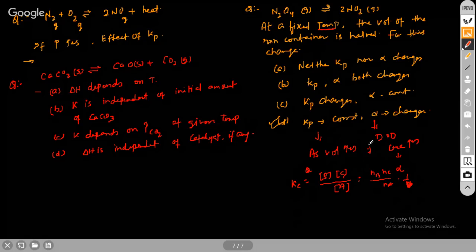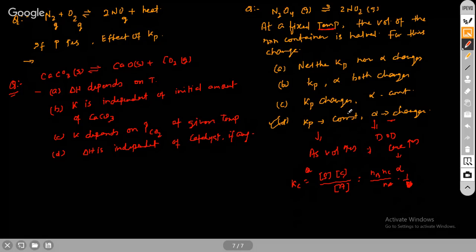We'll come to this question in some time. First you see this. The question is that if the volume of the container is halved, then what is the change in alpha? Alpha will change, that is true.